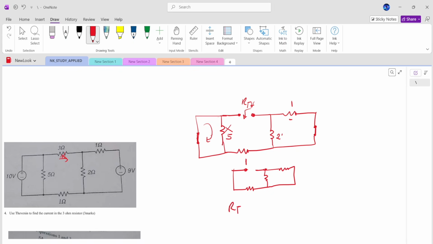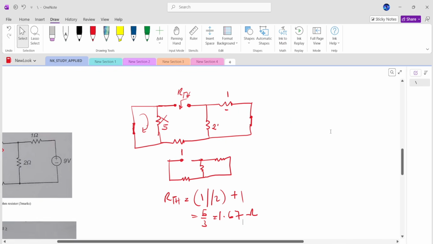So our RTH at the end of the day will be 1 parallel 2, right, plus 1. And this is going to give us 2 over 3 plus 1. And that's 5 over 3. Right? And this, someone can say, is 1.67 ohms. Right? Okay, we found that.